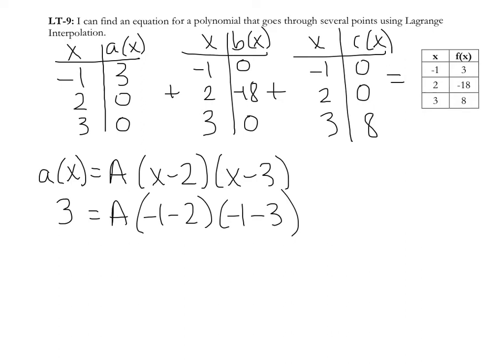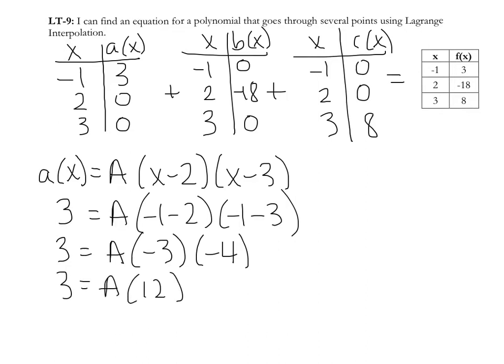The next thing I'm going to do is solve for my leading coefficient A. So let's simplify the right-hand side as much as we can. -1 minus 2 is -3. -1 minus 3 is -4. So we get 3 equals A times 12. Now this is a place where a lot of people make mistakes.